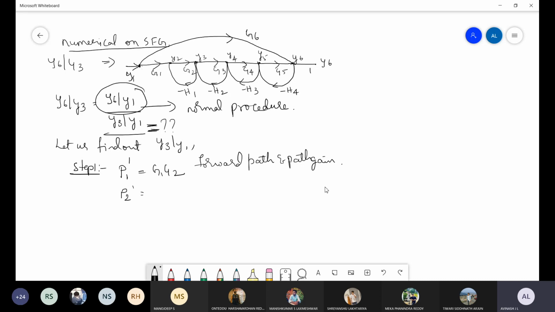From Y1 to Y6 I will go with the branch G6, then with minus H4, minus H3, minus H2. That is also one of the possibilities. So I can say G6 into minus H4, minus H3, minus H2.